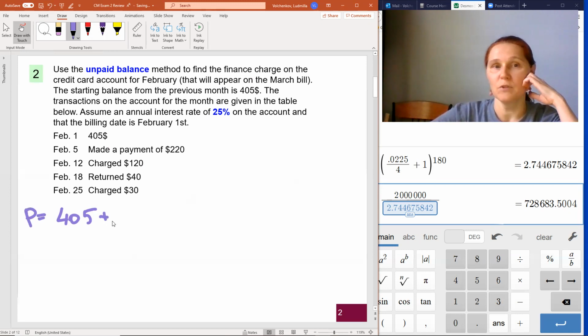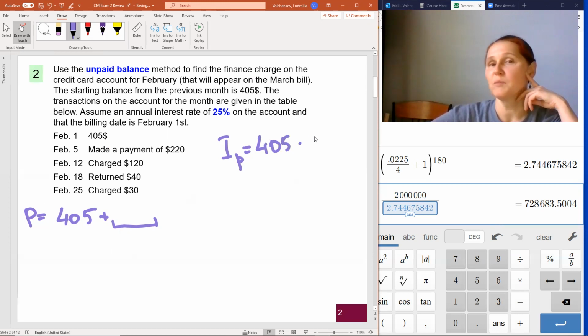To the balance, according to the formula, we must add the finance charge for the previous month, which is found on the base of this 405 of last month balance, multiplied by RT. R is 0.25 and T is 1 over 12, so we divide by 12.